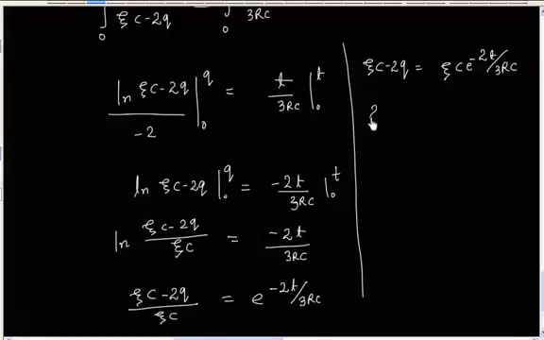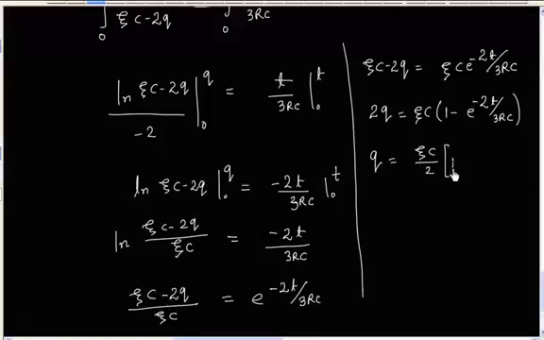Or we can calculate 2q, which is equal to Xi C, if I take it common, then I have 1 minus e to the power minus 2t by 3RC. So from here we can write q is equal to Xi C by 2 into 1 minus e to the power minus 2t by 3RC.